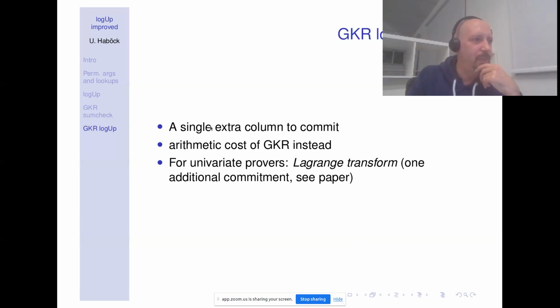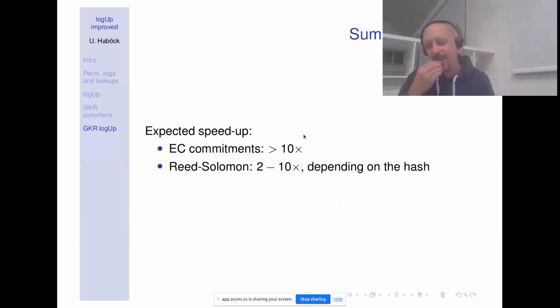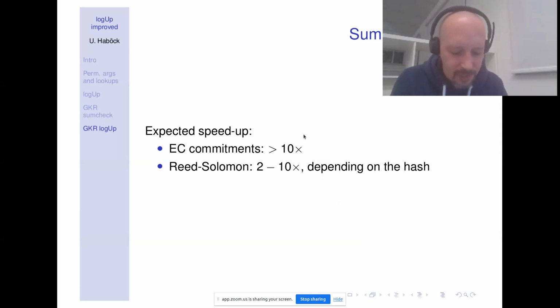But in a multilinear case, multivariate case, it's just a single extra column. And when thinking about the expected speedup, that is with a massive grain of salt here. For easy commitments, it's quite easy to estimate. I was even relying on benchmarks that I did in the LogUp 22 paper that compare the cost of ordinary field multiplications, or measure the commitment cost in field operations, in the equivalent number of field operations by timing.